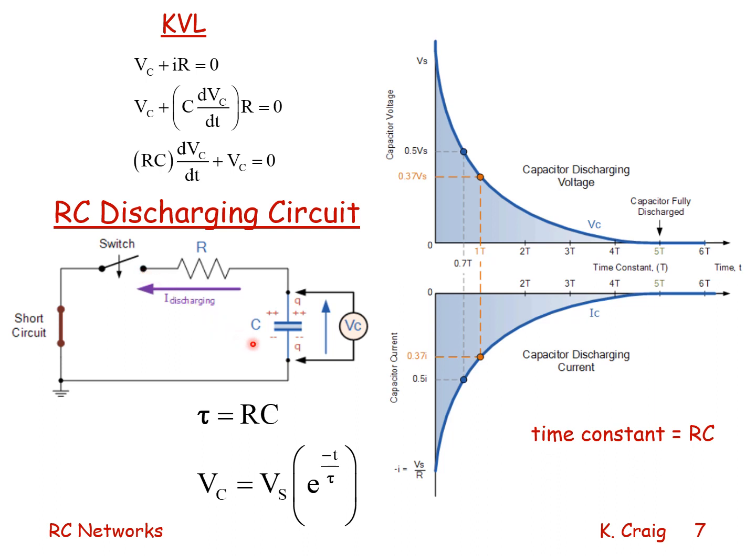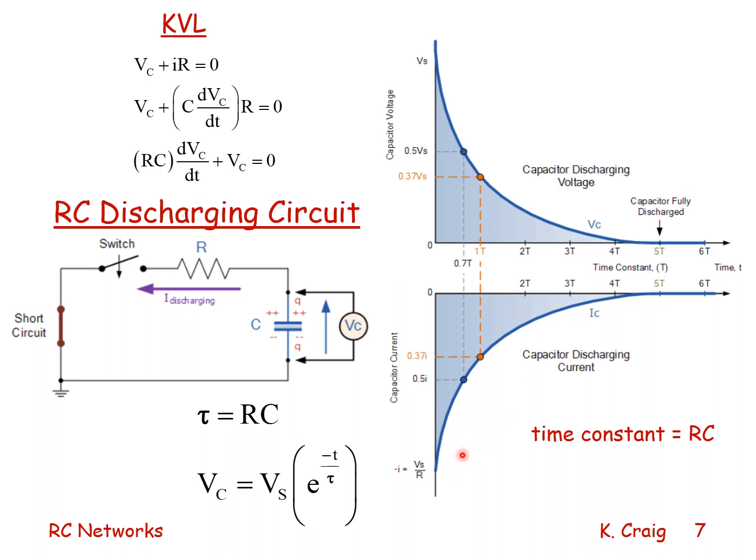What will happen is that the voltage across the capacitor will start out at V supply, the voltage it was charged to, and then it will decay to 0. And in one time constant, it decays 63% to 37% of the initial value. And in 5 time constants, it is fully discharged.